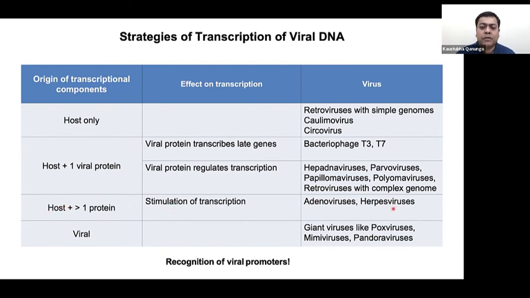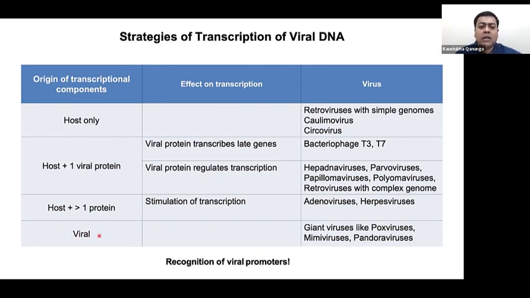But you can see that right here, adenoviruses or herpesviruses require host transcription factors and less than one protein to stimulate the transcription. And very interestingly, the adenoviruses have a medium-sized genome, and herpesvirus has a fairly large genome. Then you can see that giant viruses like poxviruses, Epidura viruses, and Mimi viruses have all their transcription factors as viral.